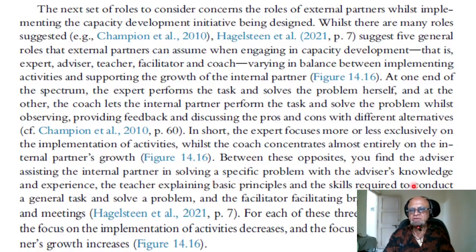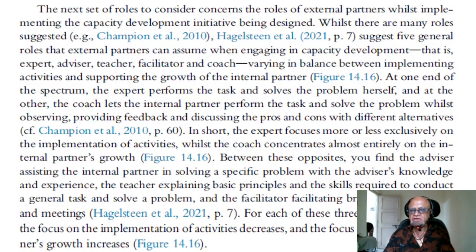Between these opposites, you find the advisor assisting the internal partner in solving a specific problem with the advisor's knowledge and experience, the teacher explaining basic principles and the skills required to conduct a general task and solve a problem, and the facilitator facilitating brainstorms, planning, and meeting.